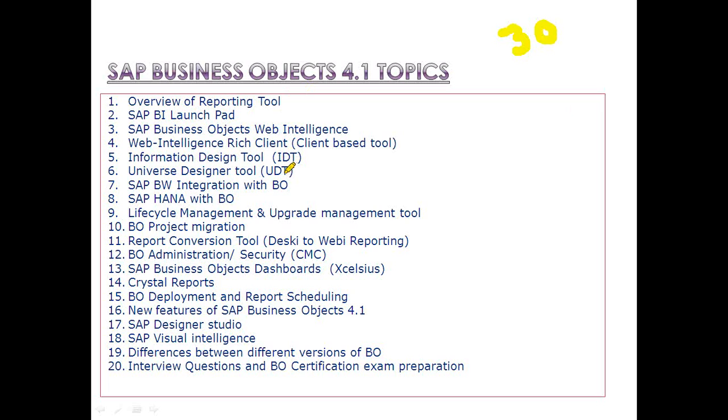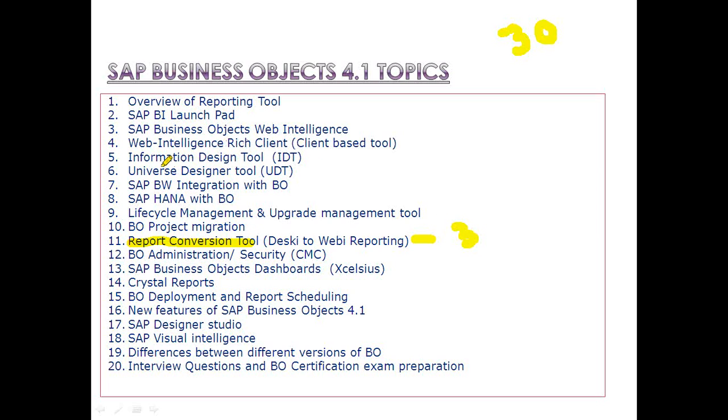Here we have a total of 20 topics. Some of the topics will take 8 to 9 hours, and some of the topics will finish in 30 minutes. For example, the Report Conversion Tool will take 30 minutes.